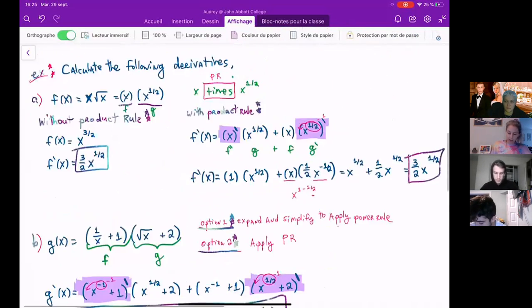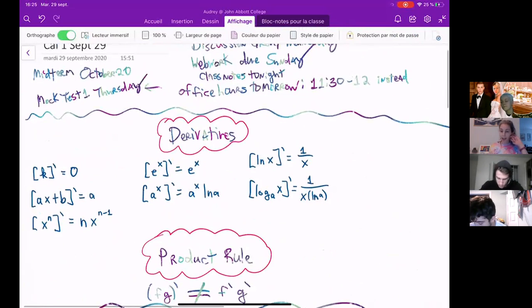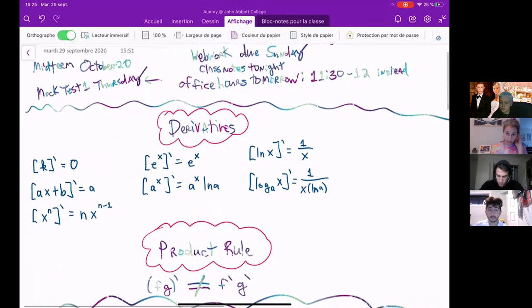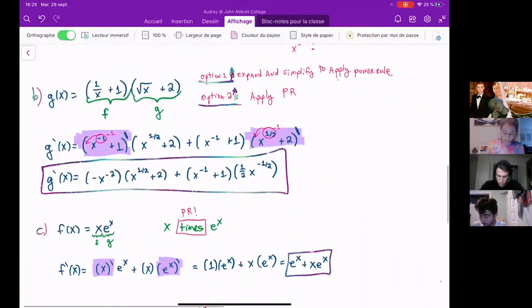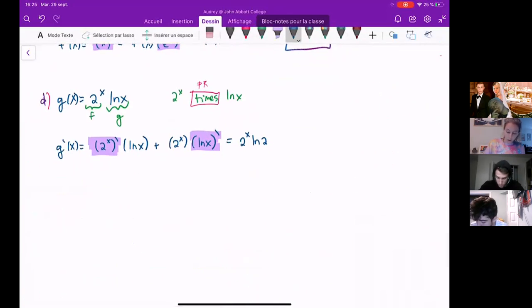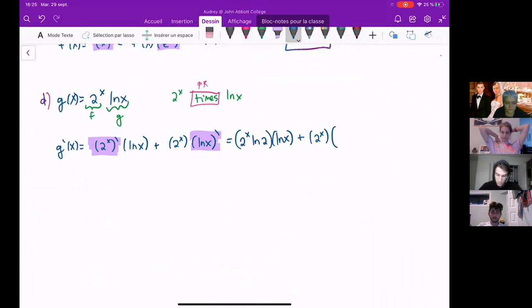That's our a to the x rule that we saw yesterday. So 2 to the x, so that's a to the x ln a. That gives me 2 to the x ln 2, which I am then multiplying by ln x plus 2 to the x that didn't get touched. What's the derivative of ln x? 1 over x. And guess what? I'm done. That's my answer.